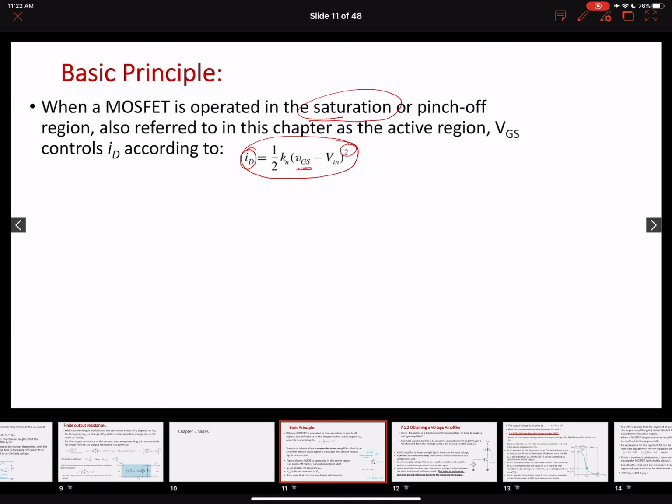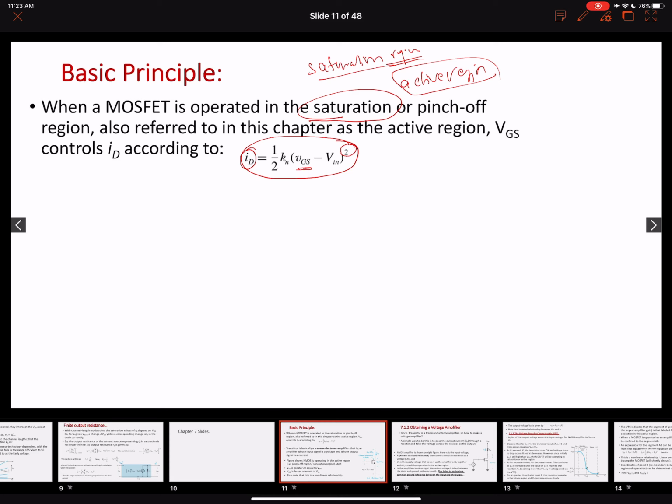One more important distinction over here is that in this chapter, we are introducing another term, which is an alternative term for the saturation region. It will be known as the active region. We are going to use this interchangeably. The saturation region for the MOS transistor is also known as the active region. And this will become more clear in the next lectures.